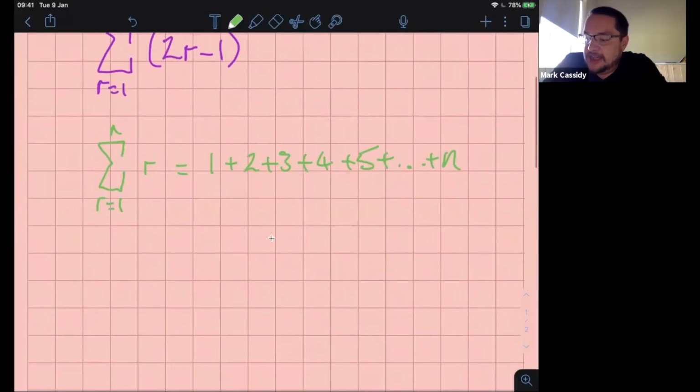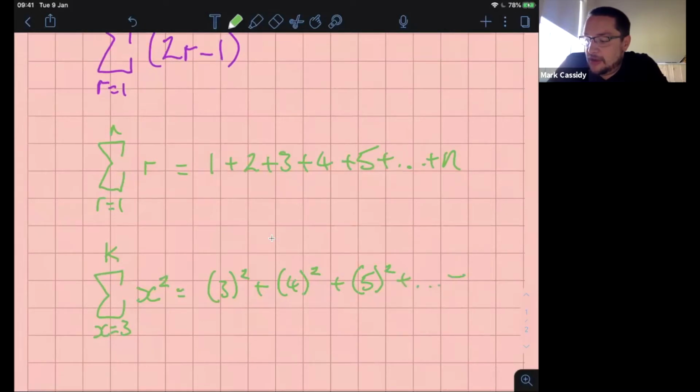Now, if I had said we're going to k and we'll start with x equals 3 of x squared, say. So that would be 3 squared. So we started where x equals 3, plus 4 squared plus 5 squared plus dot dot dot all the way up to k squared. Okay, so it just lets us add together a range of things.